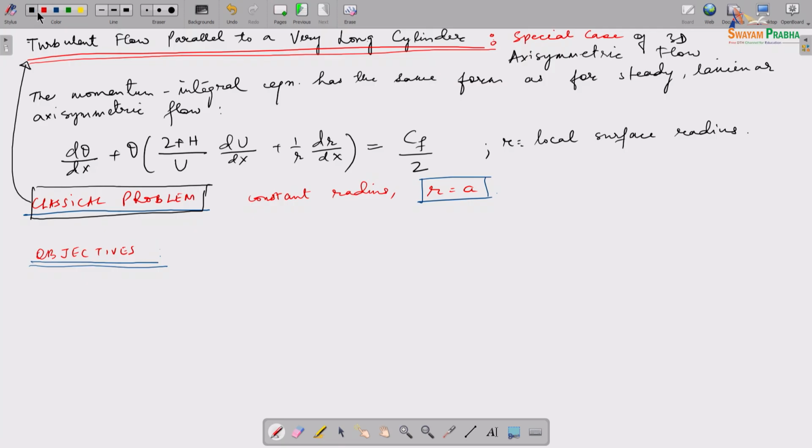Okay. So, objective is to assess the effect of transverse curvature on skin friction, right, or displacement thickness.